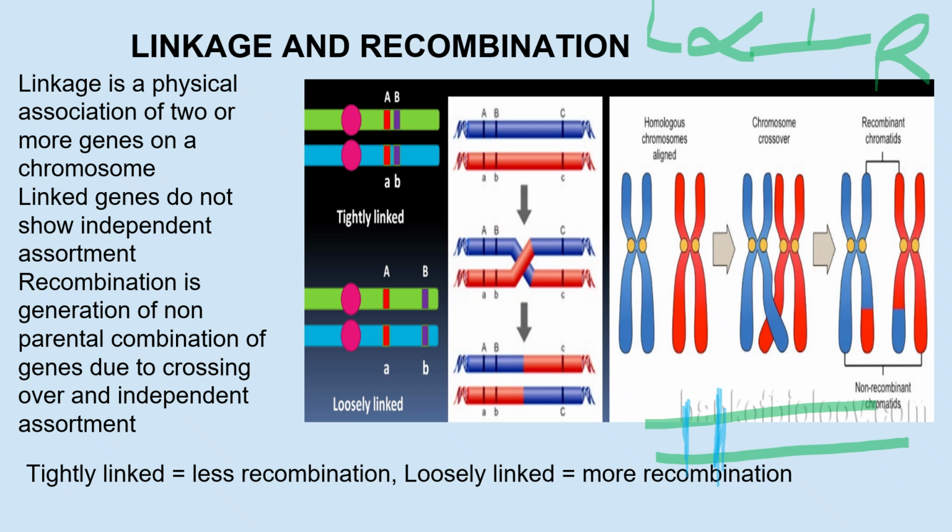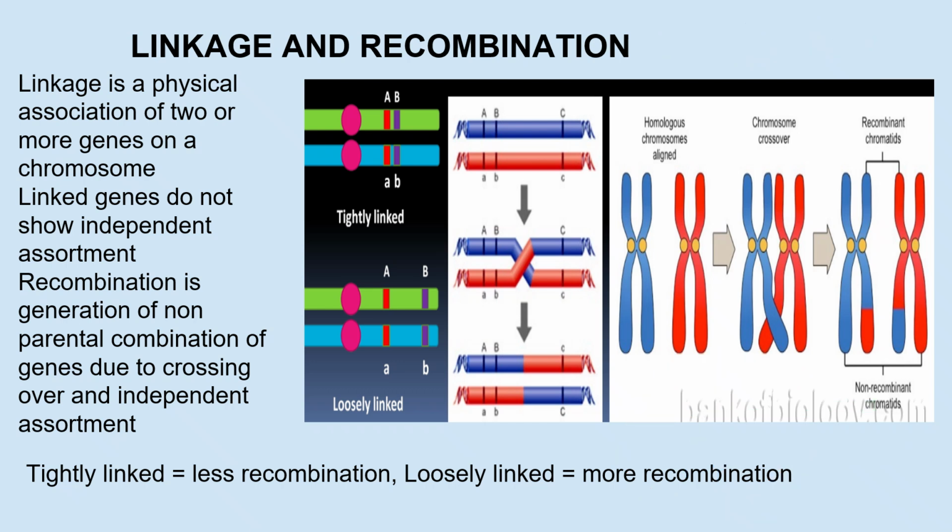These recombinants are formed when crossing over happens. But if two genes are so close together on the chromosome, do you think recombination will happen between them? Do you think crossing over is possible between them? Very rarely. So these genes are now said to be linked genes. Now we can see this on the screen.